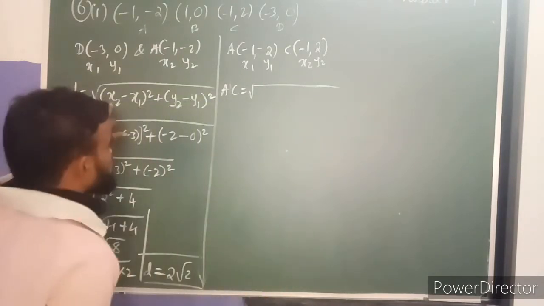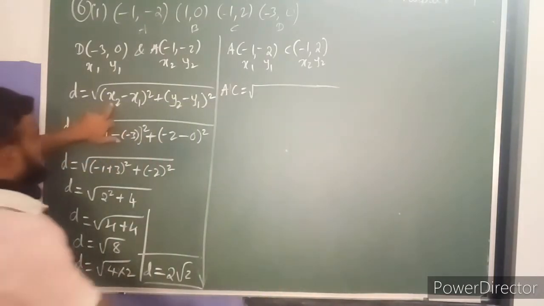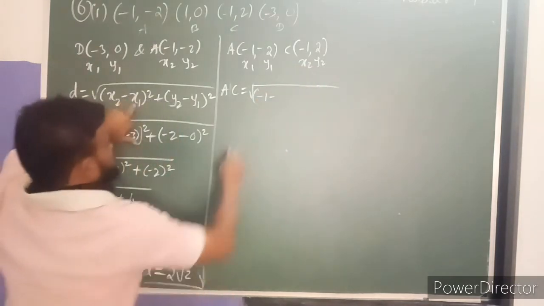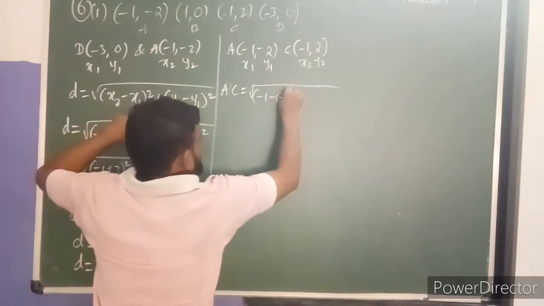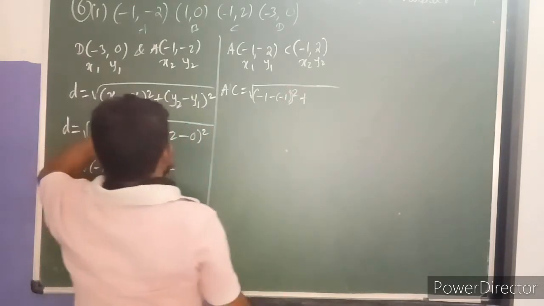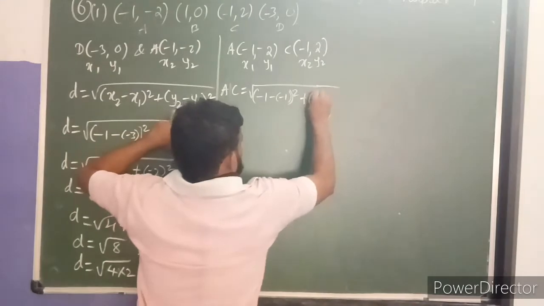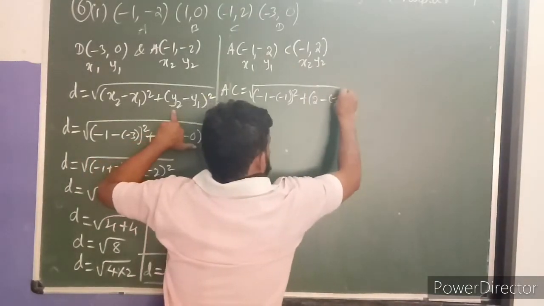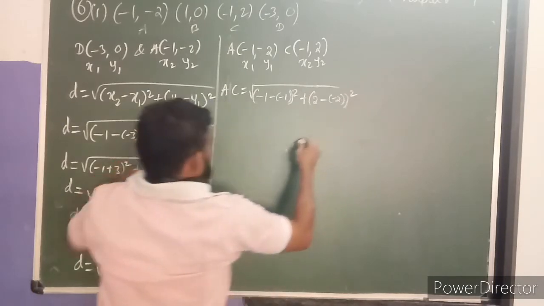I am not writing the formula. According to the formula I am putting the value X2, that is -1, minus X1, which is also -1, whole square, plus Y2, that is 2, minus Y1, which is -2, whole square.